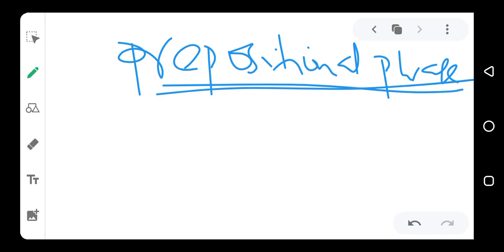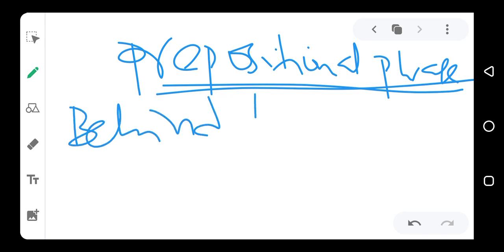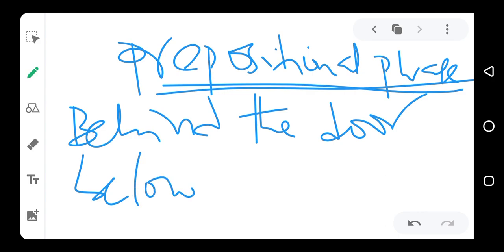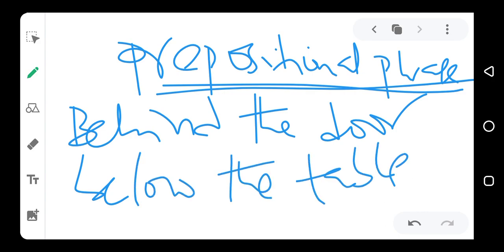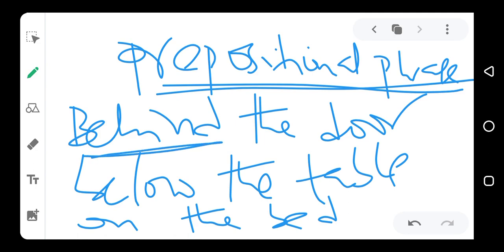For instance, behind the door, below the table, on the bed. This is a preposition, behind. Now this is the object.